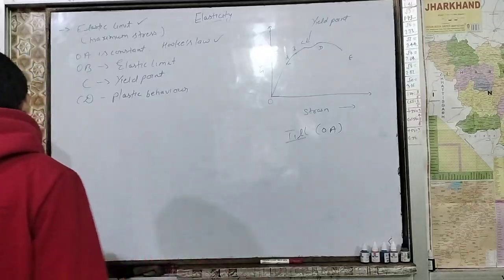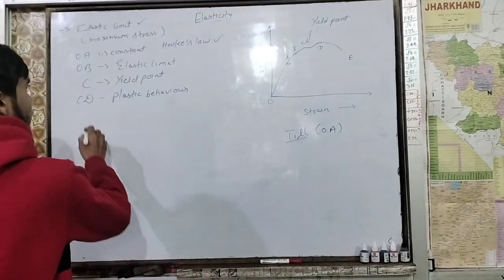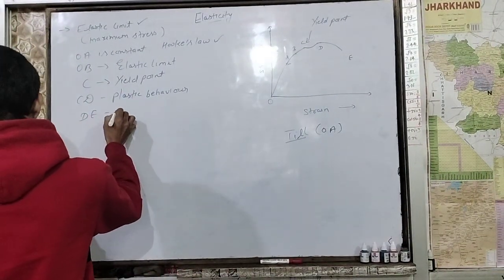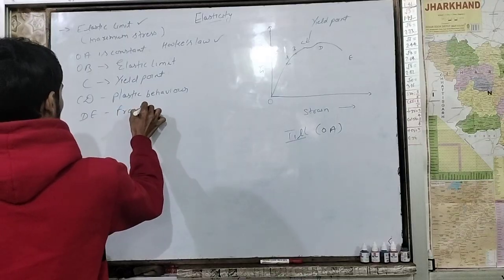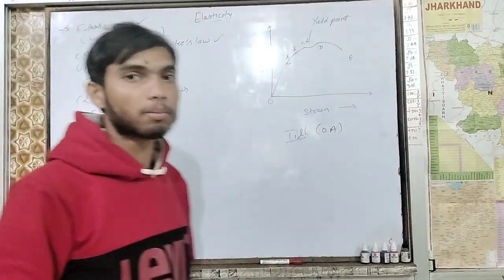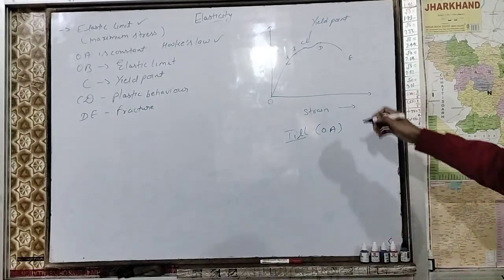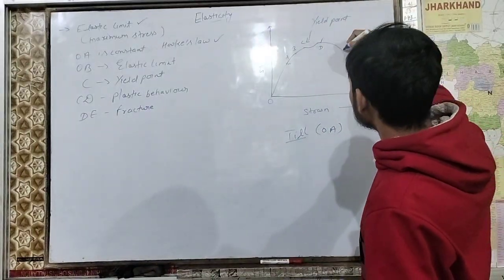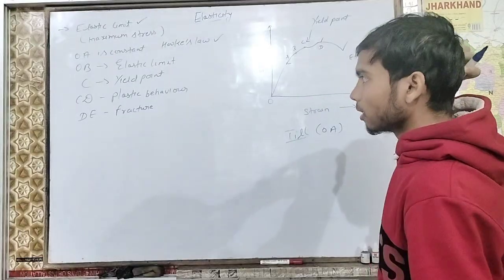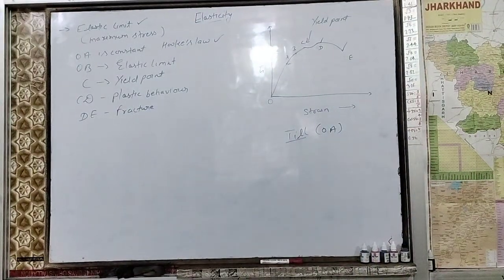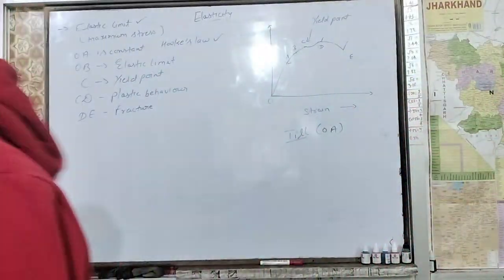D is the ultimate point, and DE is the fracture, or you can say breaking stress, breaking point. Between this, our body will break because it crossed the limit. That's why the body will break itself.